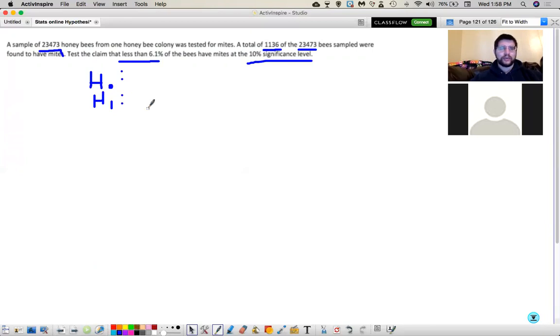It's less than 6.1%. So P is less than 0.061. Again, convert it from a percentage, make it nice. P greater than or equal to 0.061 is our null. Claim is in the alternative.